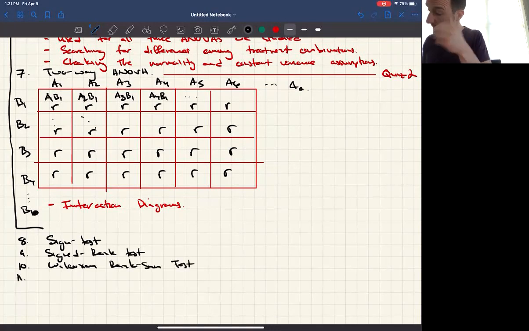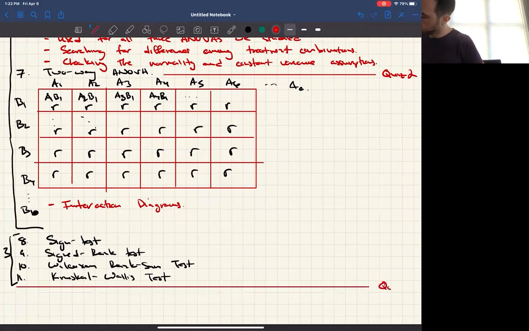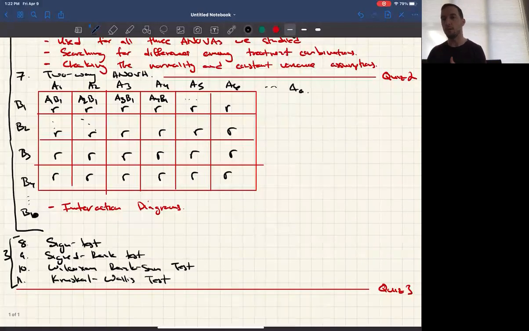And then we had the Kruskal-Wallis test. Okay, and then that would have been the third unit of the course. And this is where quiz 3 took place.